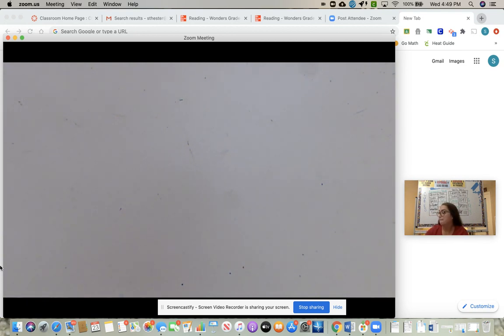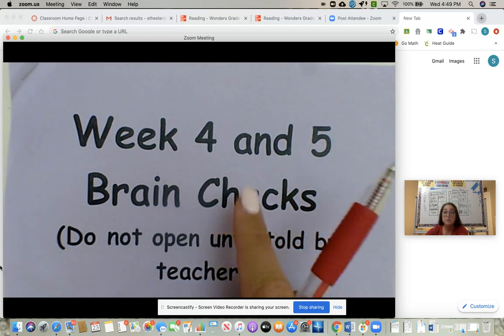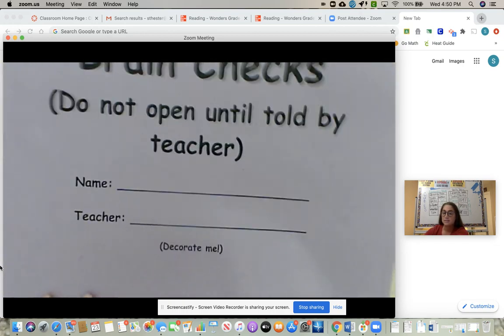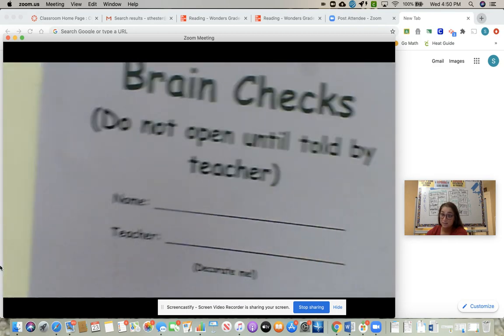Next, we're going to pull out weeks 4 and 5 brain check, not weeks 6 and 7. It's 4 and 5. So this is kind of the older brain check, not the new one you just got last week. This is the one that had our math brain check in it that we did on Monday. So flip through.